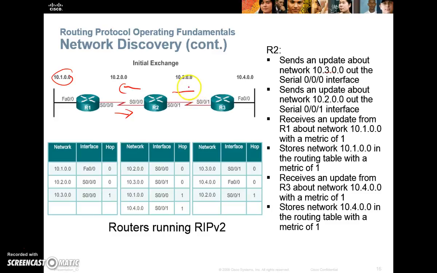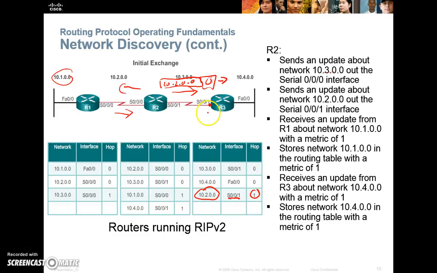R2 will also send an update to R3 saying that I'm connected to the 10.2.0.0 network and it's 0 hops away. He sends it to R3. What will R3 do? R3 receives this update and adds it to the routing table, connected to my serial 0/0/1 interface. I received this update on this interface, and it's 0 hops away. When I receive it, I will increase it by 1 to be 1 hop away.